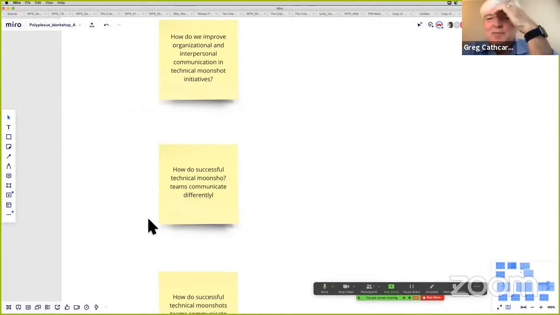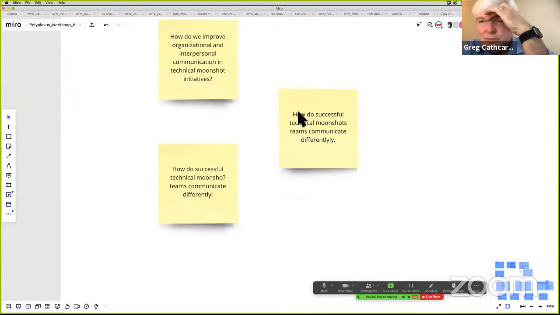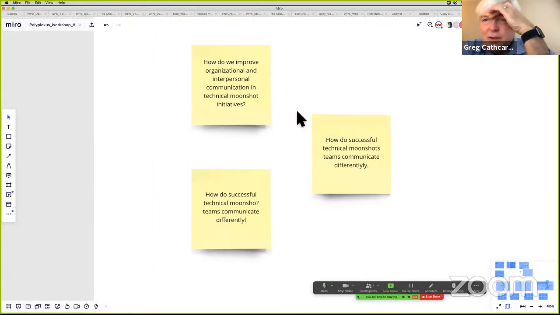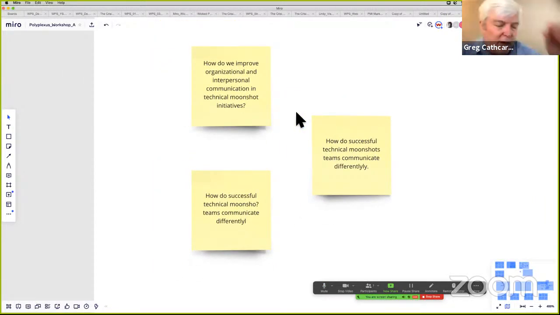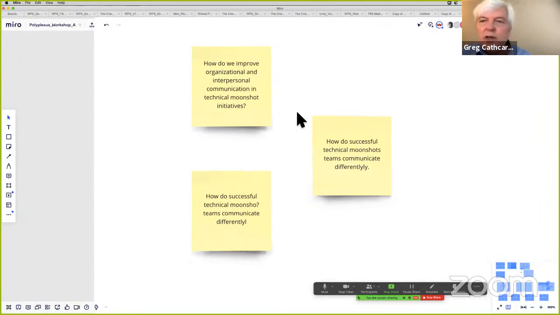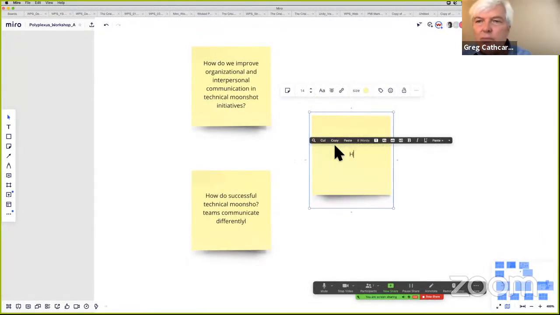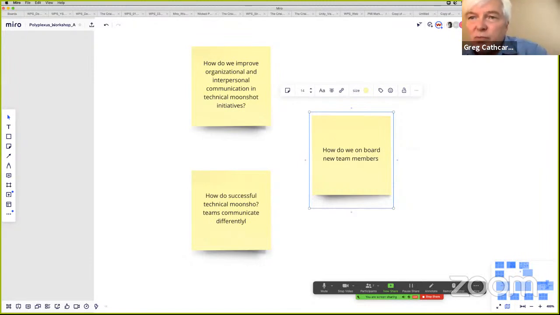And let's put in a third one. That appears to be a duplicate, but essentially: how do we onboard new team members for moonshot initiatives, from an interpersonal and organizational communication standpoint? It's really onboarding.